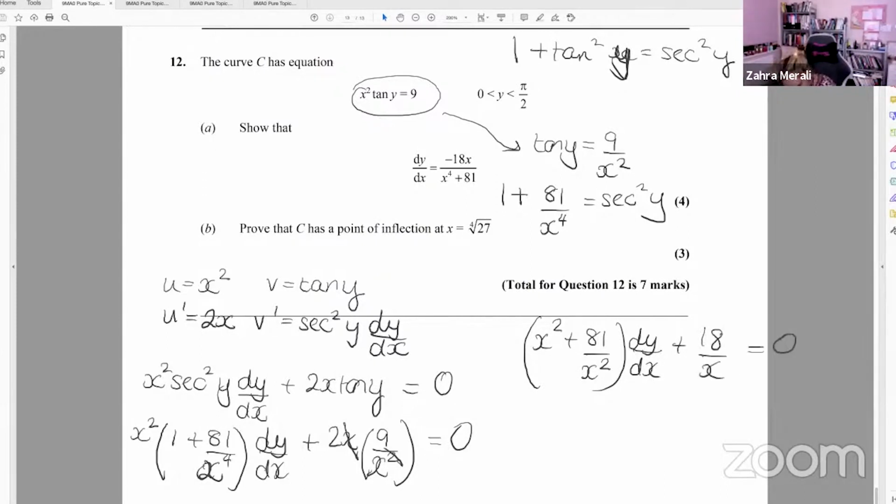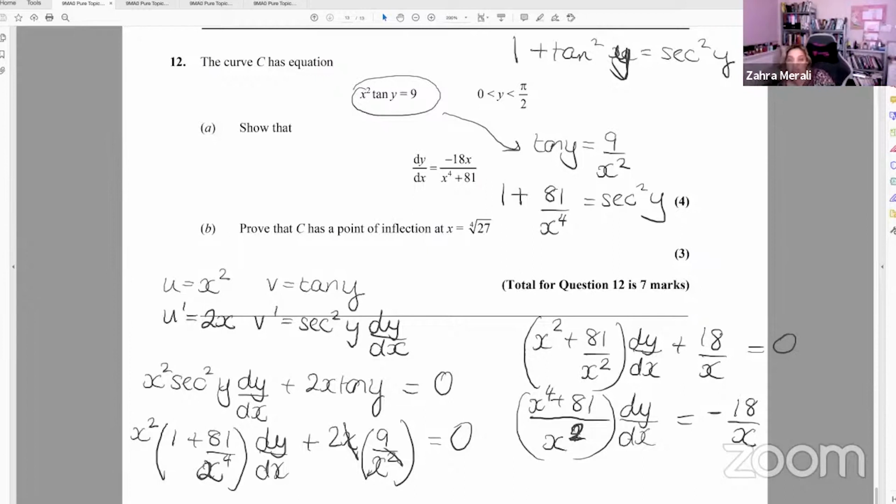I'm going to make that into one fraction, put x squared on the bottom, x to the 4 plus 81, dy/dx equals, and if I move it onto the other side, minus 18 over x.